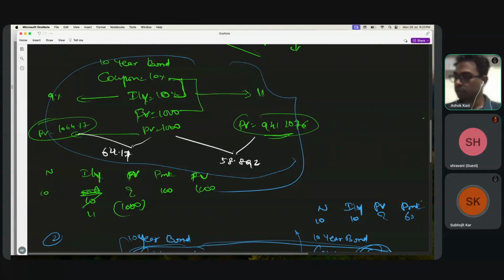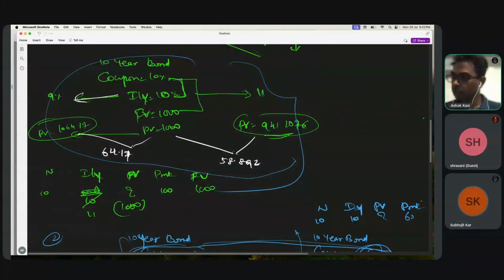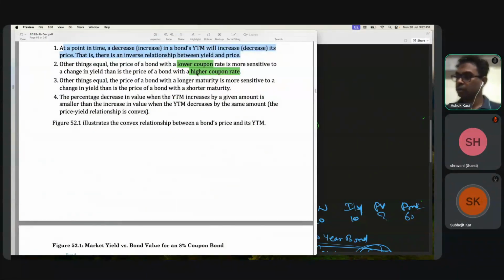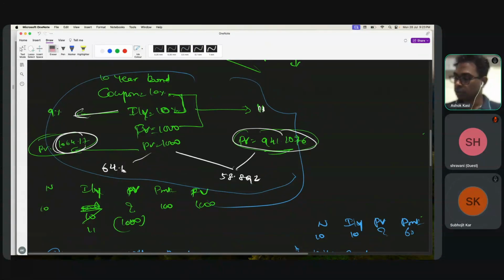That means, see here, at a point in time, a decrease in bond's YTM will increase its price. That means when the interest rate is coming down, price is going up more than 1000. And when the interest rate is going up, price is coming down. That much only is the takeaway point. Okay, that means inverse relationship. It was not asking about the amount of change. This much is only the point.